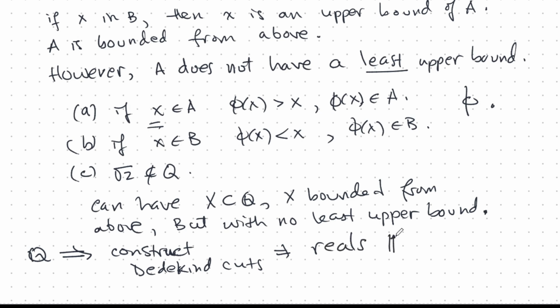So the reals are constructed from Q, and the reals don't have this problem of having no least upper bound. Whenever you have a set bounded from above in R, it does have a least upper bound. So it's not like Q, which doesn't necessarily have that.